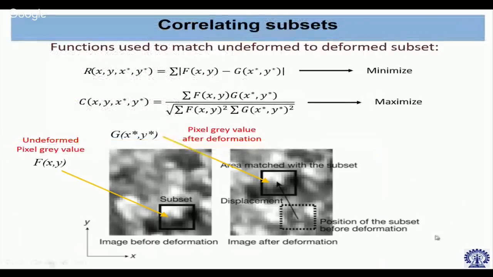Now we will be correlating subsets, so we will try to track down which point or pixel is being monitored. Okay, so we will try to match the gray values, similar gray values, that means the same pixel, and try to minimize the error, and then we'll also try to maximize the correlation between the same pixel before and after deformation.